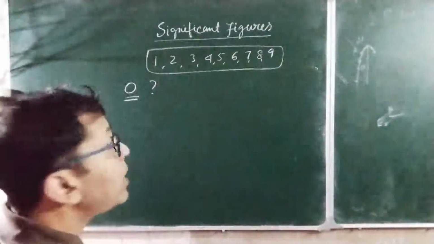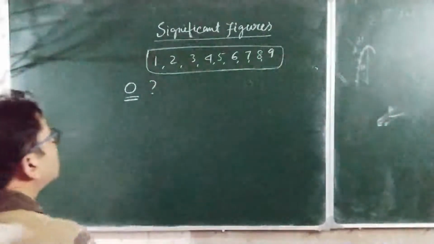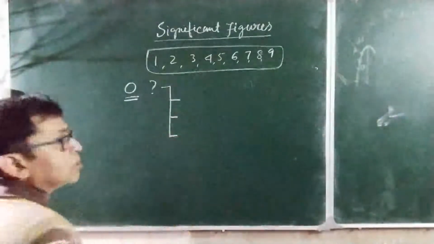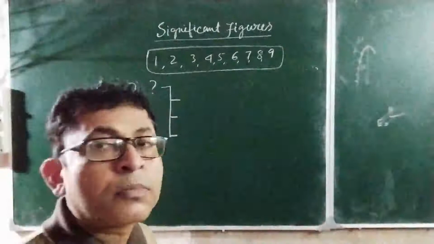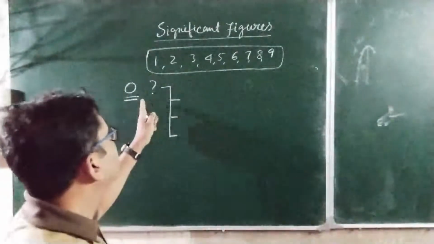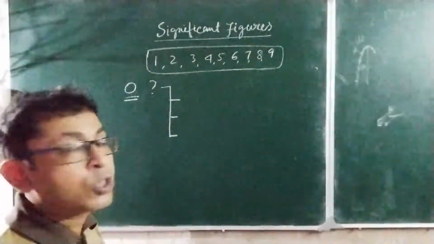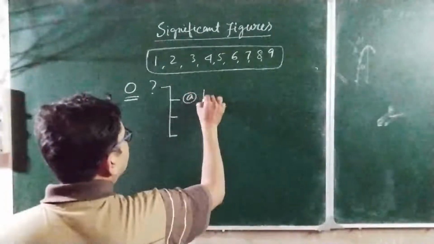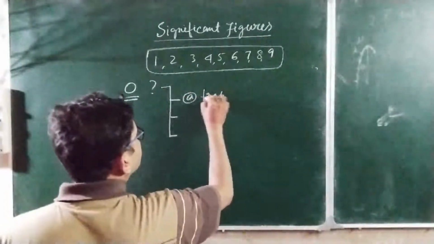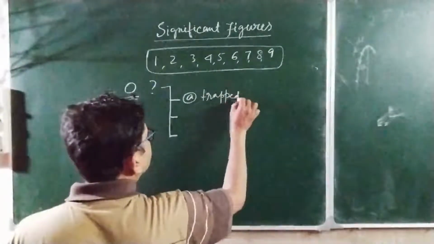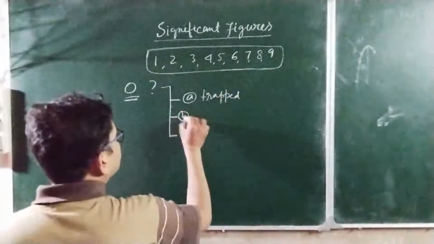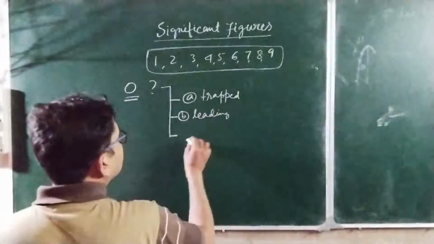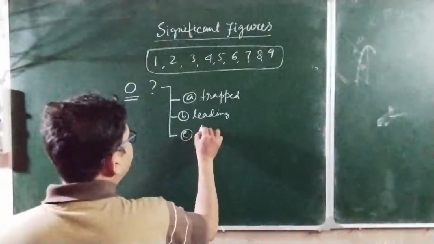We can divide the positions of 0 into three types: trapped, leading, and trailing.